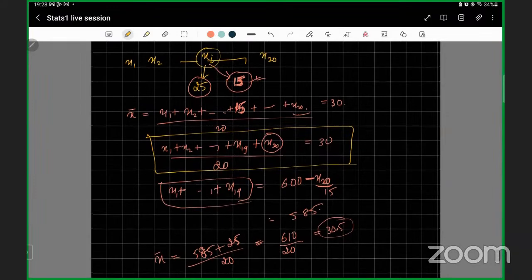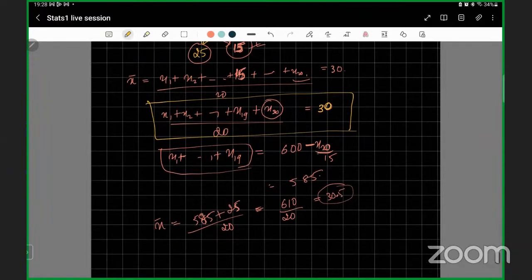So this 30 is the mean calculated using 15, so I will have to take x20 as 15. Then you got 585, and then you find your revised sample mean. Okay, understood, ma'am. Thank you.